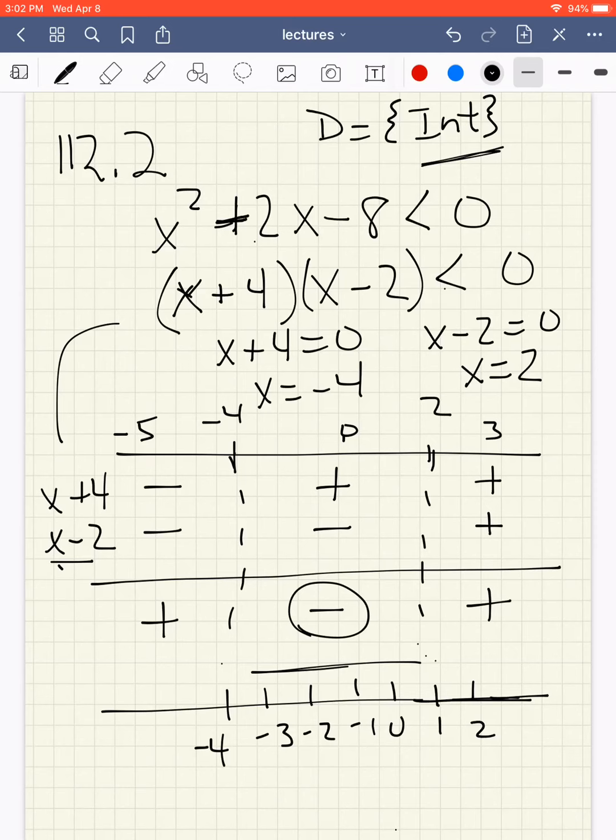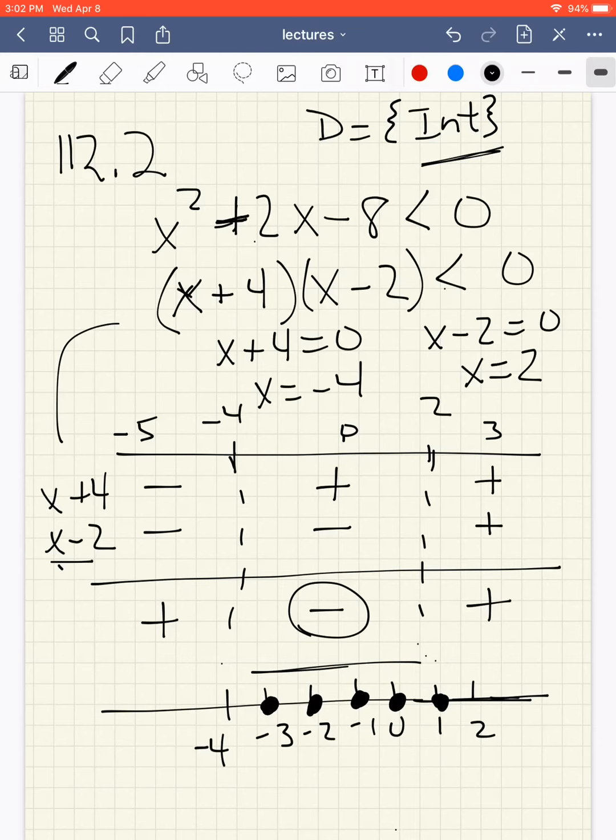Alright, so we already said we're not including -4, we're not including +2. So we come to the next integer inside, and we put a dot here and here. That's the next integer coming in. And we just do that all the way across. So that is the solution. Just those integers will work because the domain was integers.